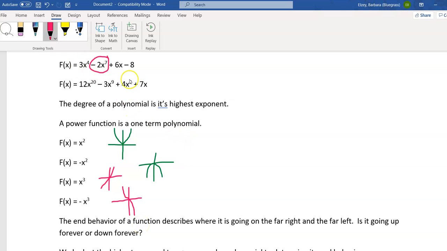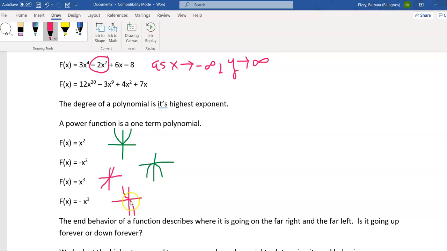So let's summarize that. When I go to the left, my x values are going to negative infinity. So as x goes to negative infinity, so I'm going to negative infinity when I go to the left, notice though my y values are going up, so y is going to positive infinity.